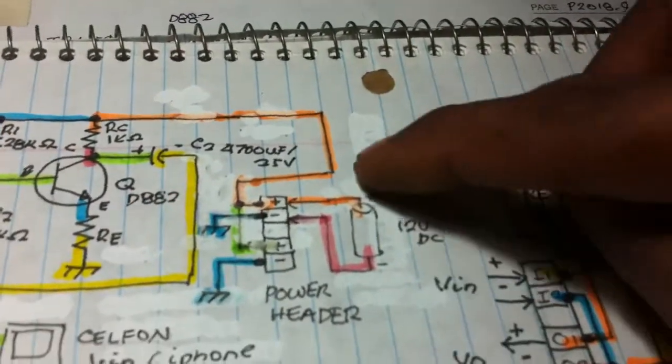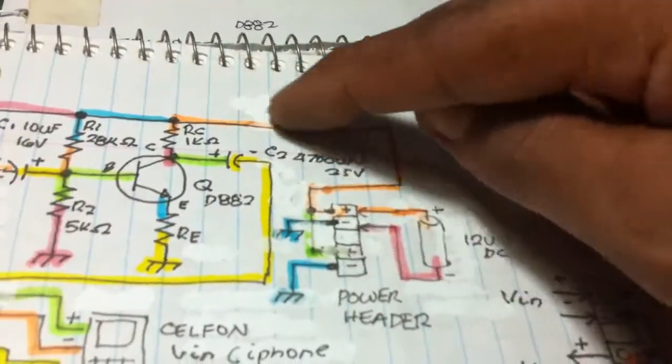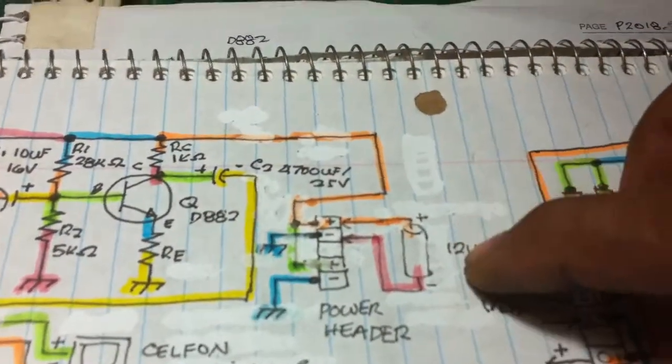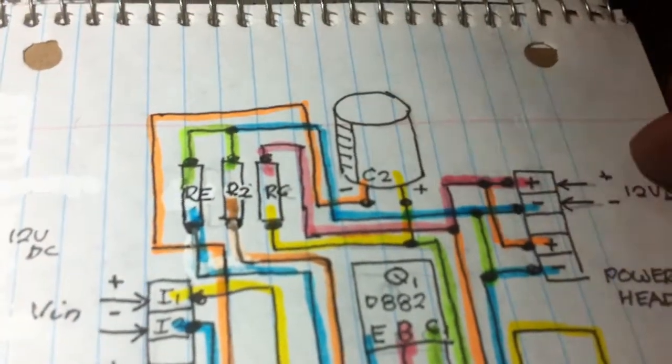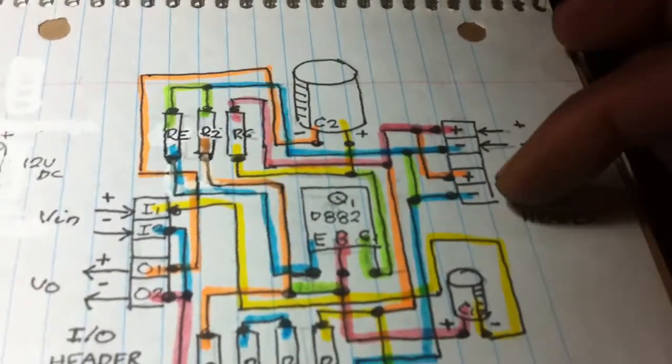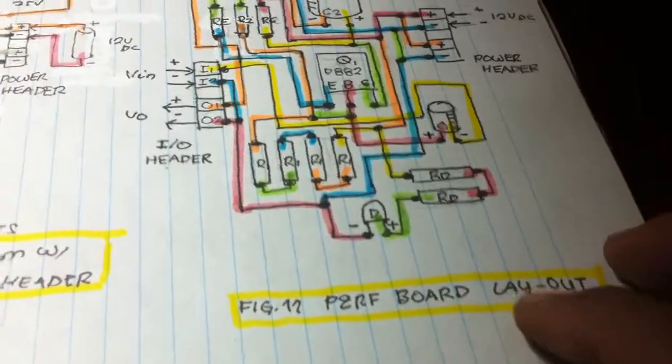And then we have this supply power header connected to a 12 volt supply, and then we have this layout, the Perfboard Layout, that is the actual Perfboard Layout.